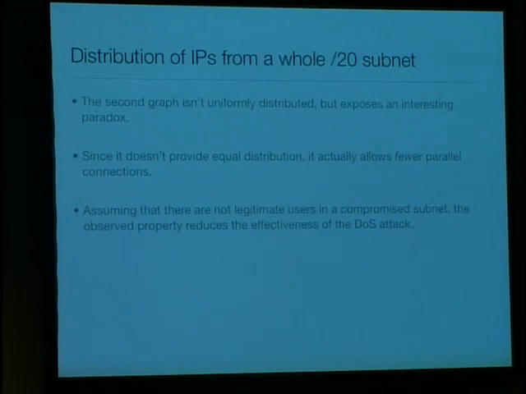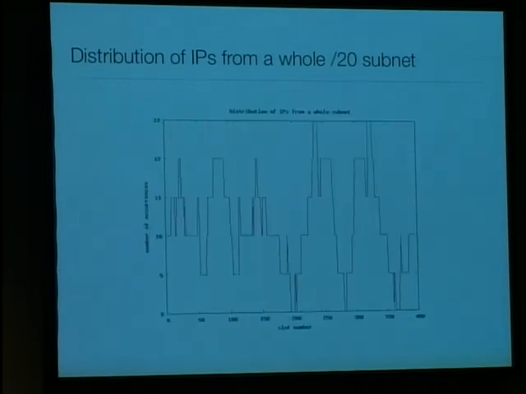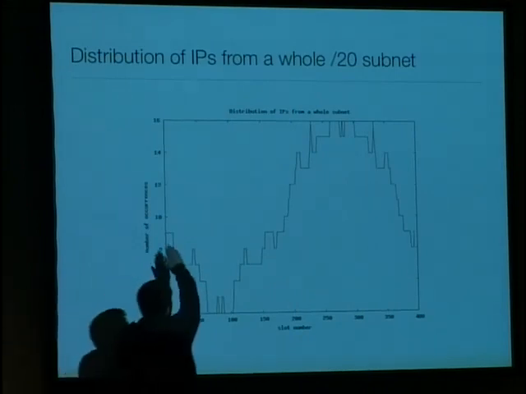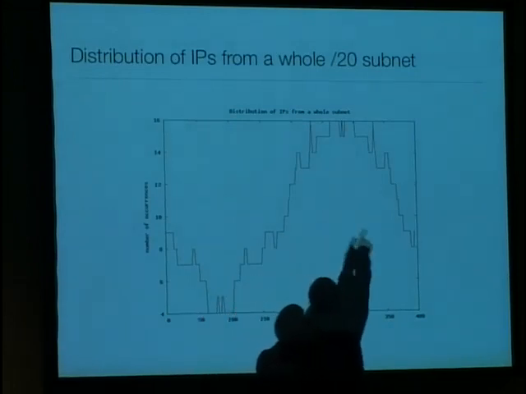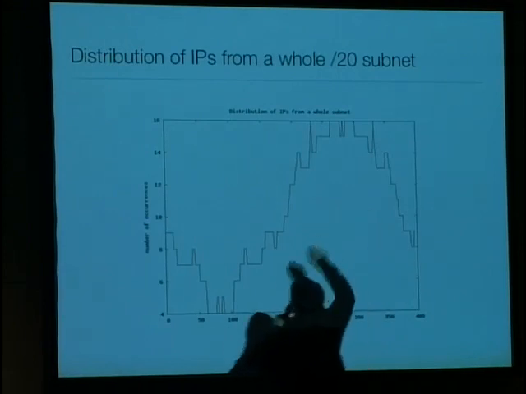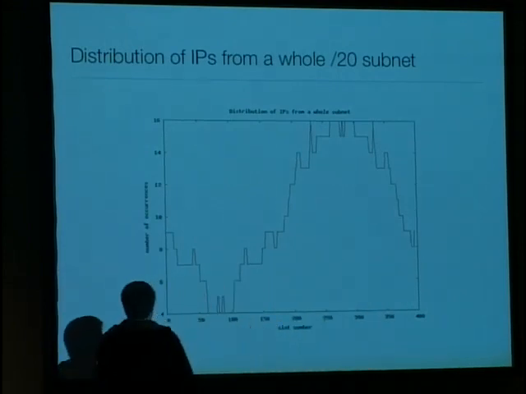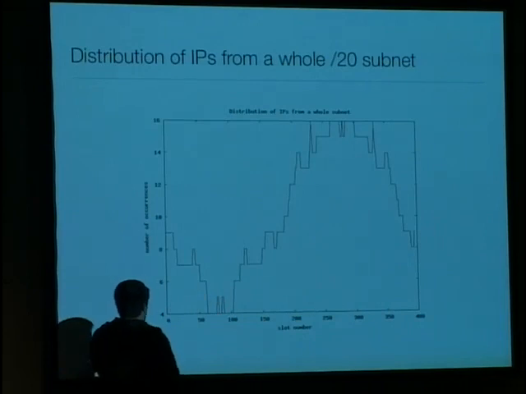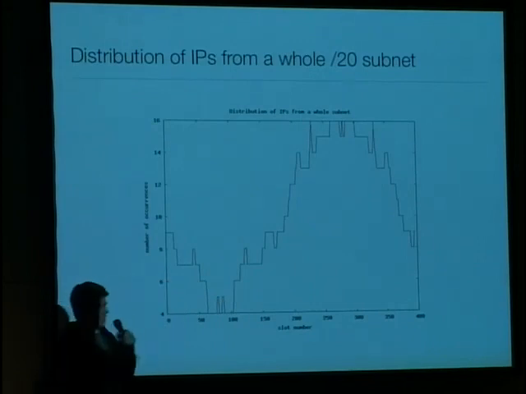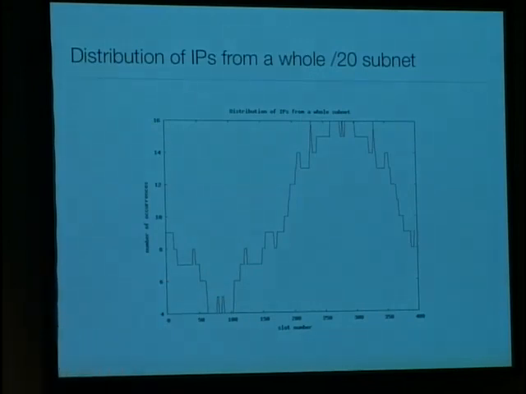Since it doesn't provide a uniform distribution, it actually allows fewer parallel connections, because the threshold is, for example, at 12, and so that's quite a lot of connections that are really rejected, and it's really hard for the attacker to find out where this kind of hole is where he can concentrate on with more connections.